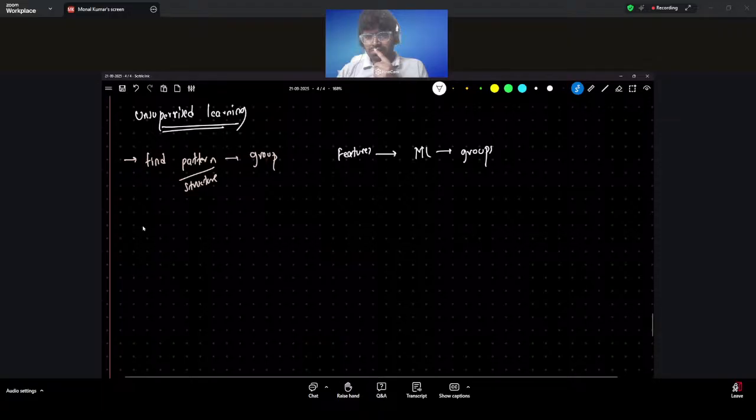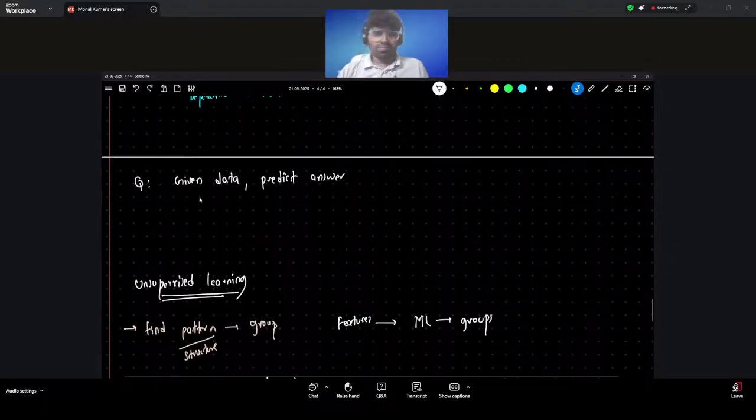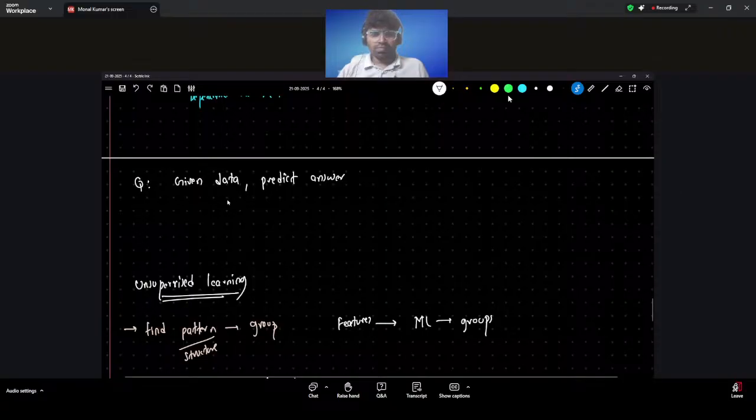But in unsupervised, the thing we ask is, given data, now what we need to do? Segment into groups. Given the data, your task is to segment into groups.